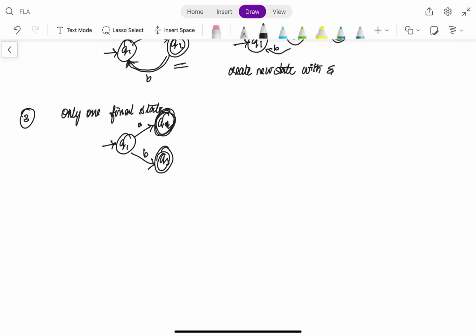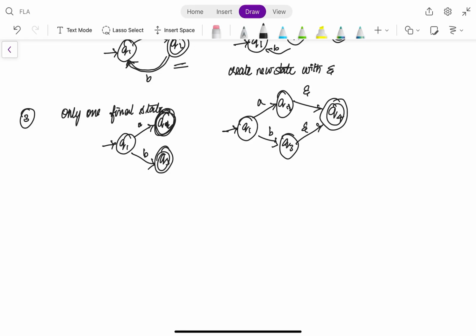What you will do is create one new state and add epsilon transitions. So Q1, A transition, Q2, B transition, Q3, you create one new state, Q4, make that final and combine it with epsilon transitions. This satisfies rule number 3. You have only one final state.